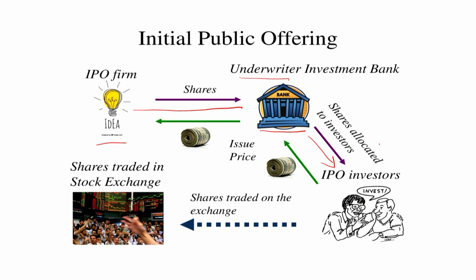So, shares are allocated to investors with the help of the investment bank or the underwriter that acts as a link between the company and the IPO investor, with the help of which the IPO investor can give their money to the company that is issuing shares into the market.